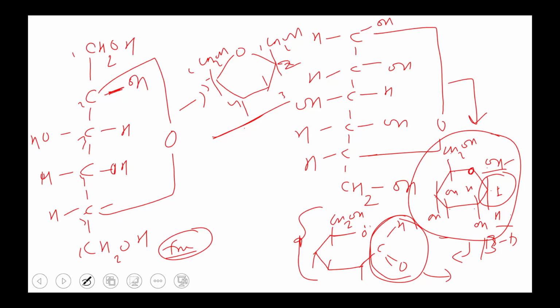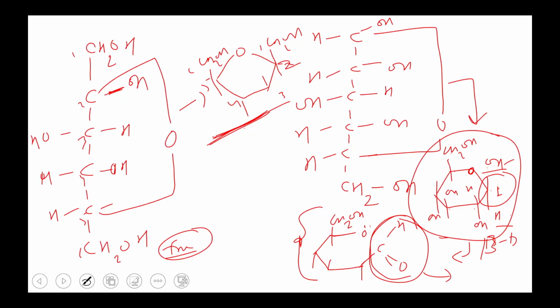Because of the presence of the active keto and active aldehyde group in their structure, these sugars work as reducing agents, and that's why they are called reducing sugars, because they get oxidized into the respective acid form and reduce divalent cations or other ions like cupric ion and ferric ion.